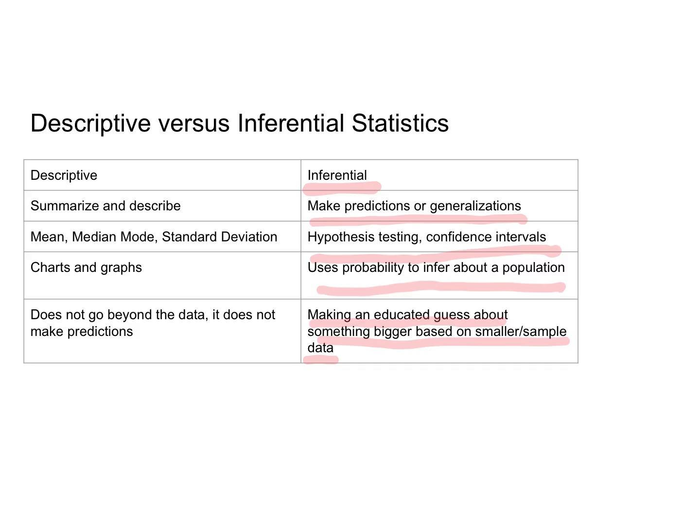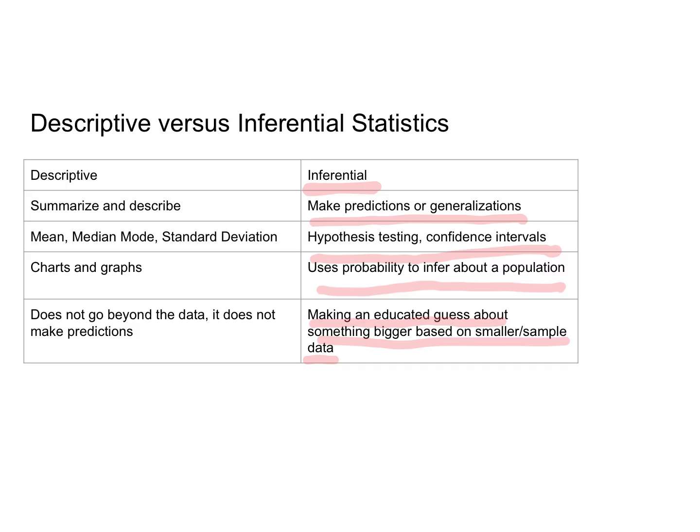For descriptive statistics, that would include collecting the data and finding important parts of the data, such as the mean, the median, and the mode, and things of that nature. But mainly for descriptive, the focus is on the data that you have, whereas for inferential, you go beyond the data and you're making predictions or generalizations.